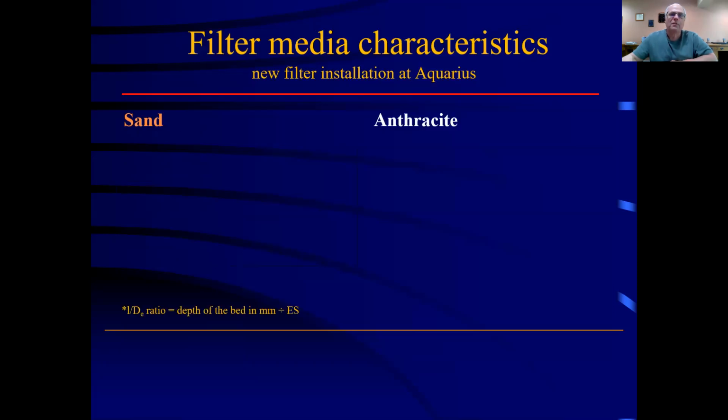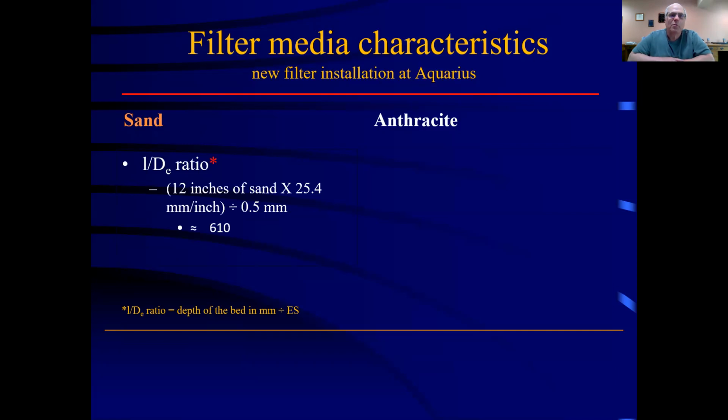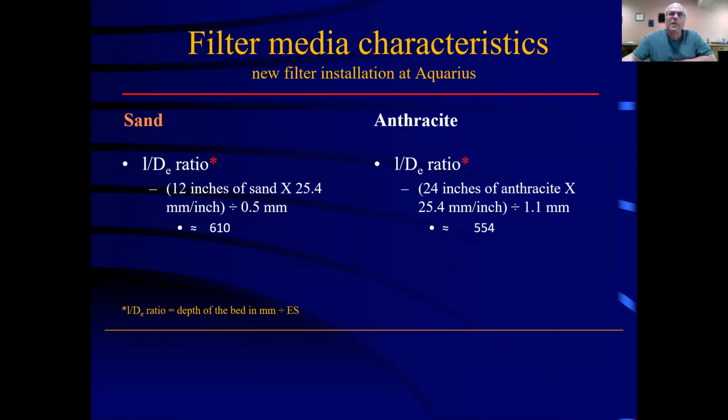So let's look at the filter media characteristics. I think this is the last slide or so for the new installation. The sand has an L/D ratio there of 12 inches. I multiplied it by 25.4, which converts the inches to millimeters, and divided by the effective size, and I get a value of 610. I'm going to do the same thing with the anthracite because I'm looking for this L/D ratio to be greater than 1,000.